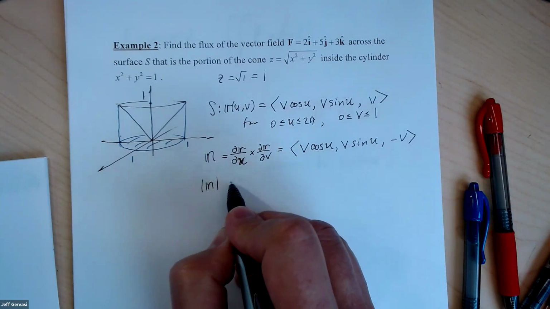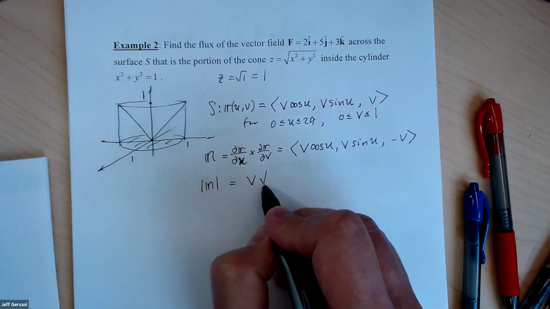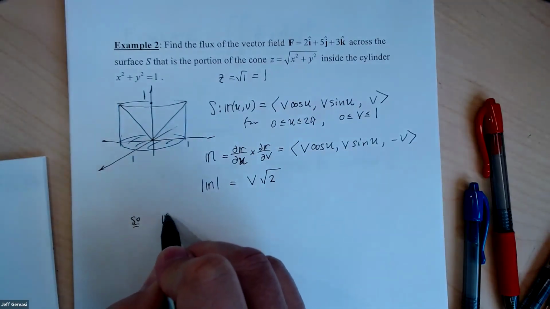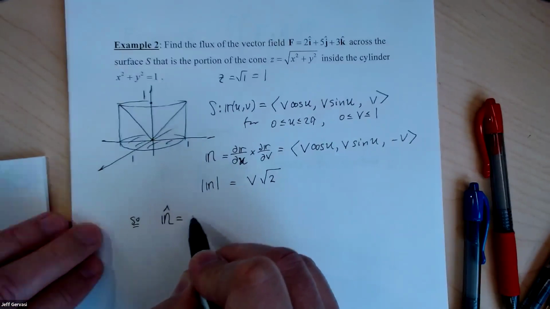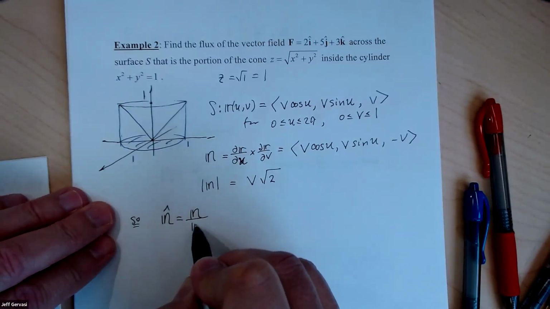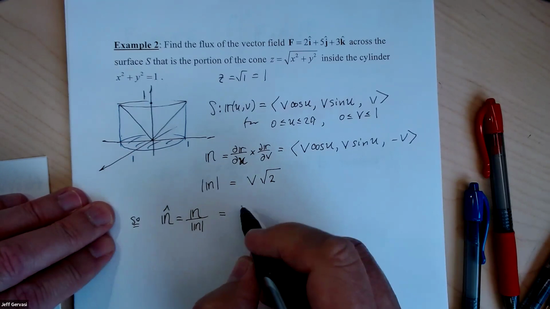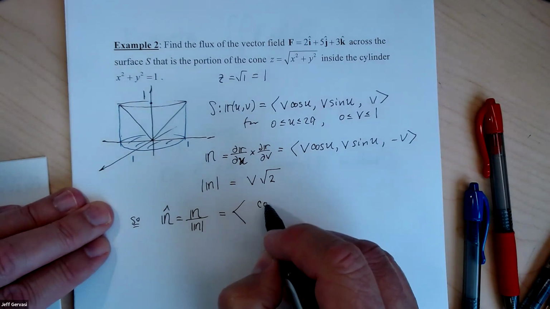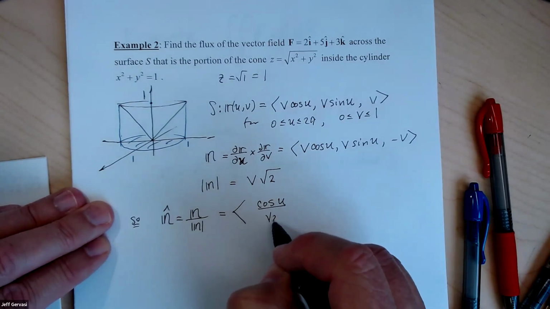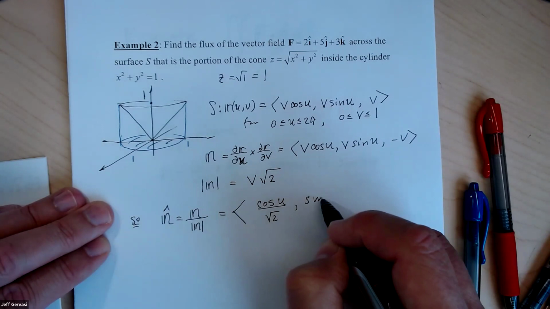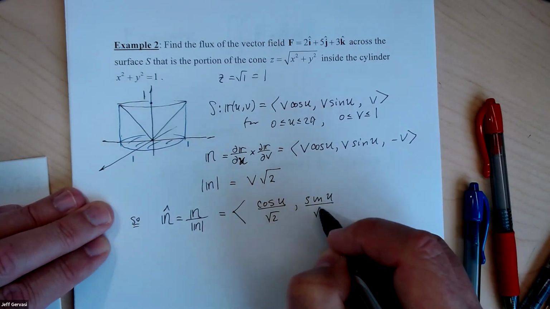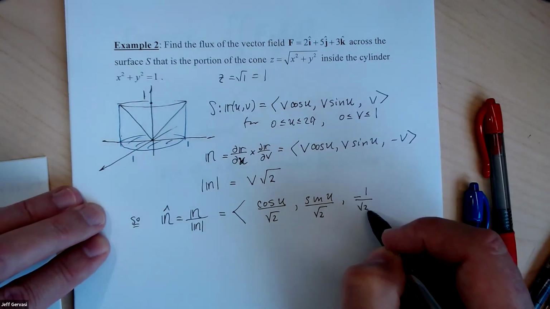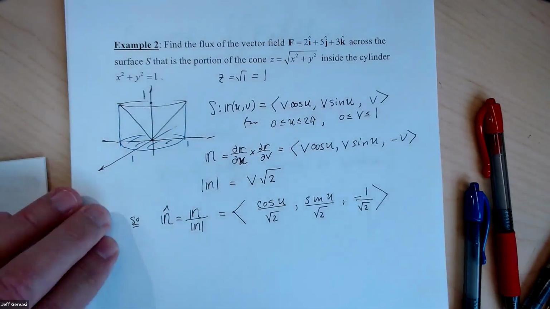The magnitude of that vector, okay? And so our unit normal vector will equal the following. Now, here's the thing.